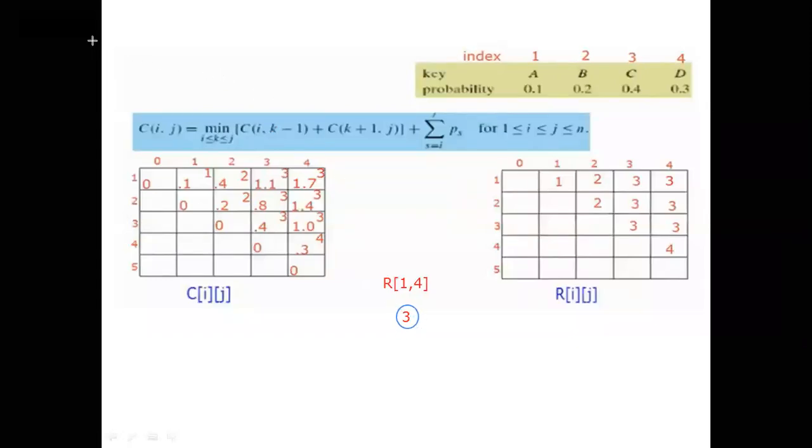Now what is the next step? R of 1,4 means 1 to 4, and the value we got as root here is 3. That means 3 is the root, and based upon 3 it splits into two: the left side is 1,2 and the right side is 4.